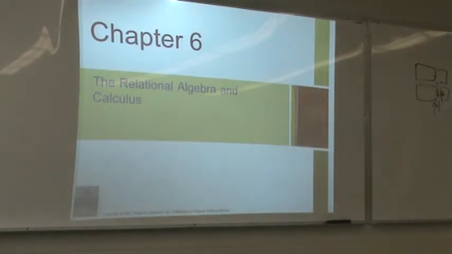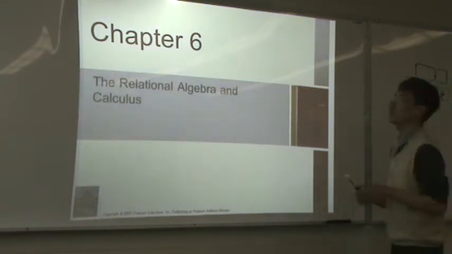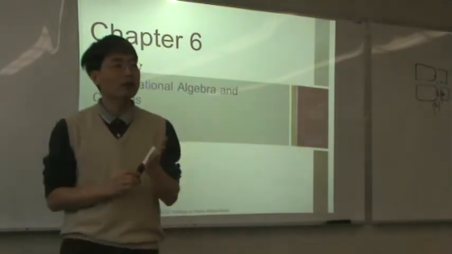For example, NoSQL is getting popular, which means there's no schema like this. However, if you understand such fundamentals of how to design the database, you can easily catch up on this kind of stuff. So today we are going to learn to define such relational operations.